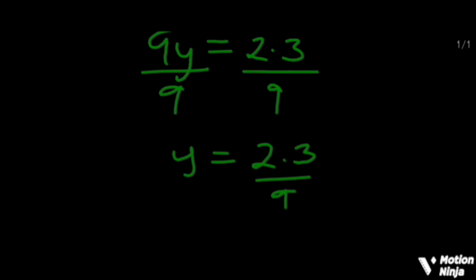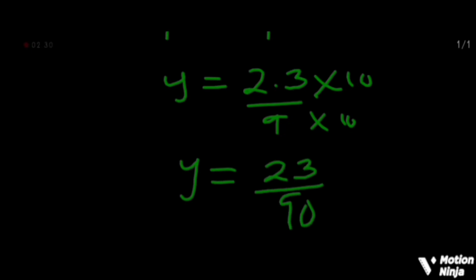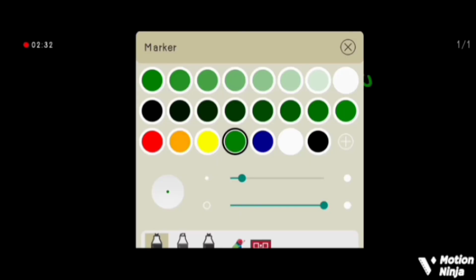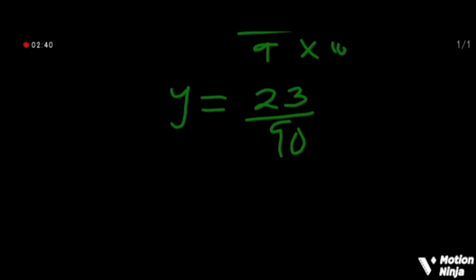So we have to change it into a simple fraction by multiplying by 10 on both the numerator and the denominator. Here the final result will be y equals 23 over 90. That is the second part of our preparation so that we can solve the question.